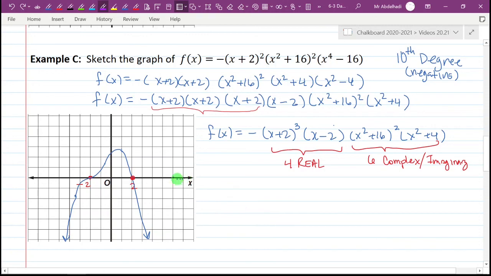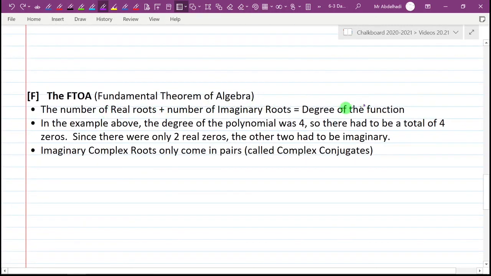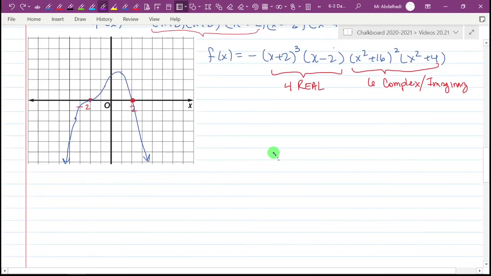So just keep in mind, the fundamental theorem of algebra just says the degree of the function has to equal the total number of real roots plus imaginary roots. And don't forget, imaginary roots have to come in pairs. So from the possibilities standpoint, if this is a 10th degree function, for instance, what were the possibilities?